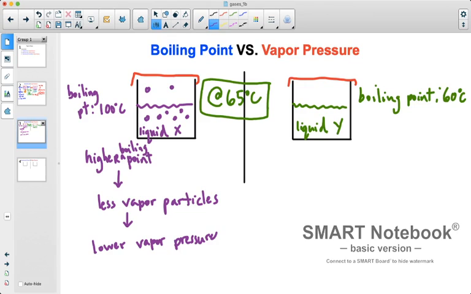Now, let's switch to the right-hand side. We'll notice that in liquid Y, the boiling point is at 60 degrees Celsius. So it has a lower boiling point than the beaker on the left-hand side.